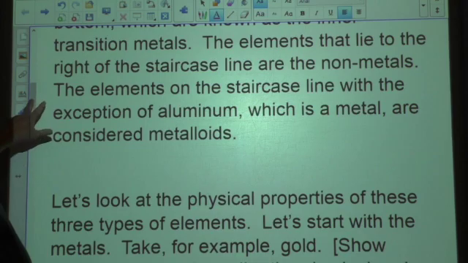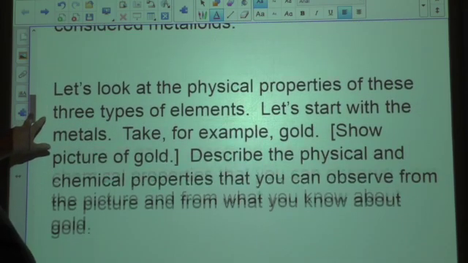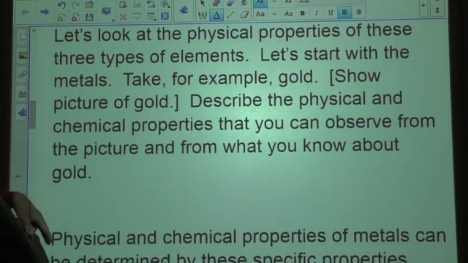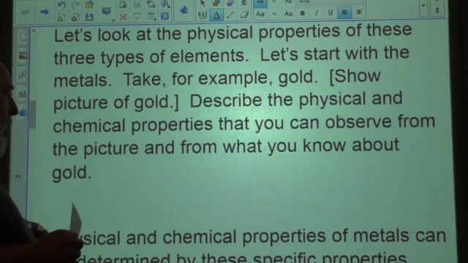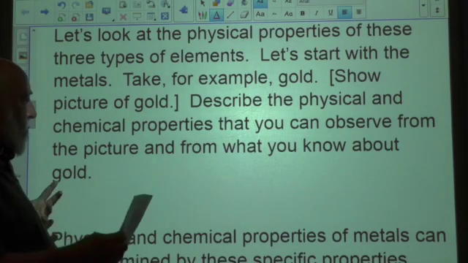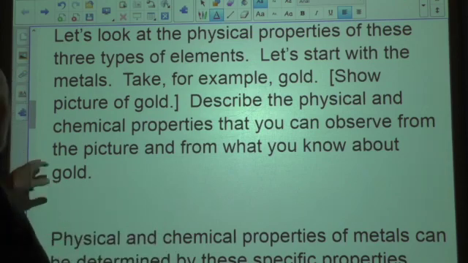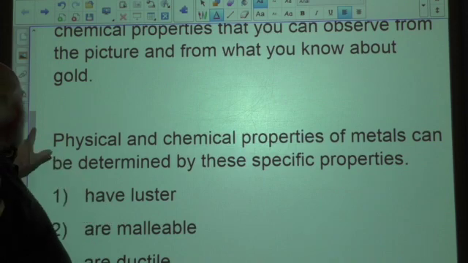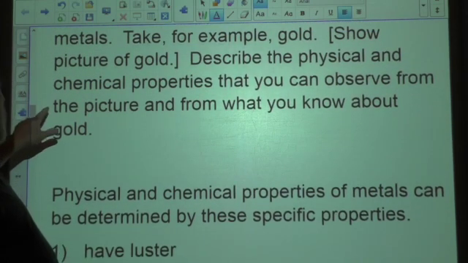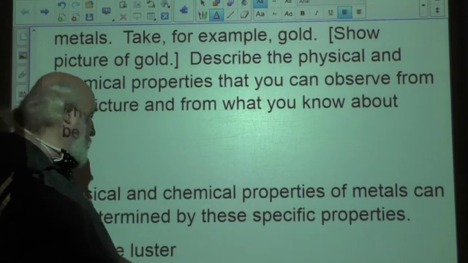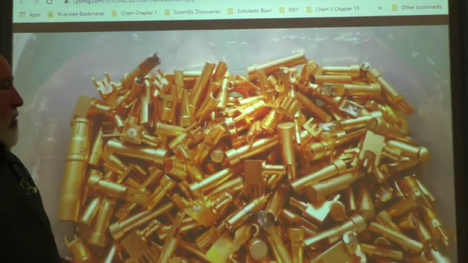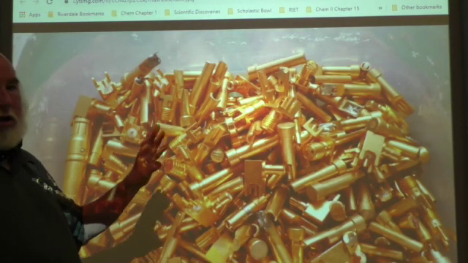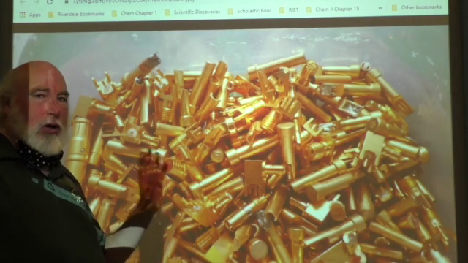So we look at the physical properties of these elements. We can describe the chemical and physical properties by making an examination of the picture and what we know about gold in general. Okay, the first thing I notice is that gold has luster. I mean, this is spectacularly beautiful. The colors just jump out at you. In scientific terms, that's called luster.